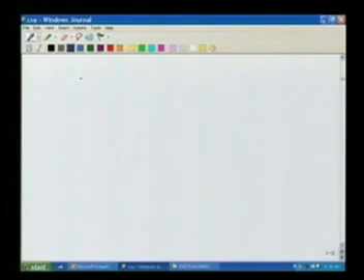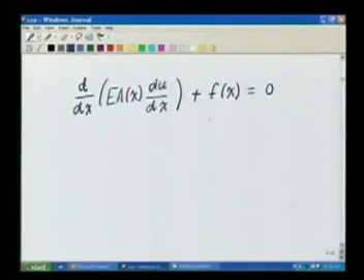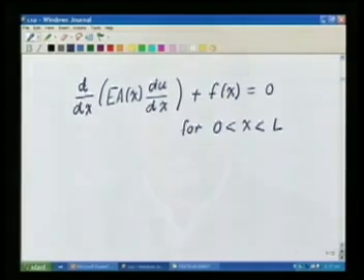Under the action of the load, the bar is going to deform as such: d/dx of EA(x) du/dx plus Fx is equal to 0 for 0 less than x less than L. That is, for every point inside the bar, this differential equation has to be satisfied.